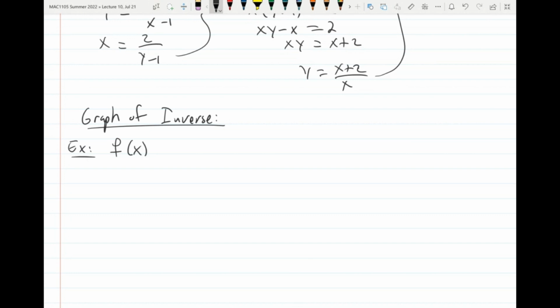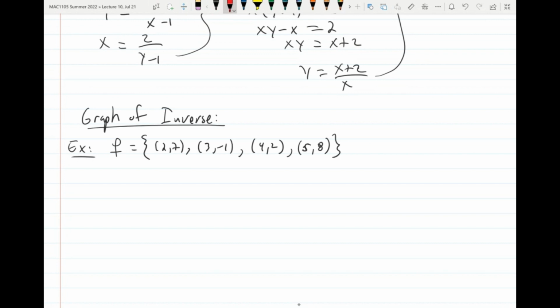So we have our little function f, the one that we started from the very beginning, which is, what are the pairs? 2, 7, 3, -1, 4, 2, 5, 8.